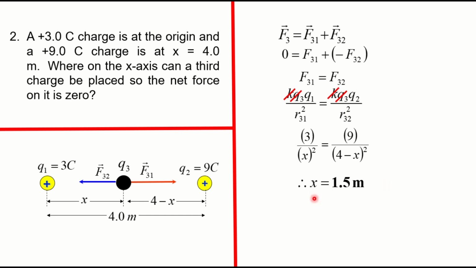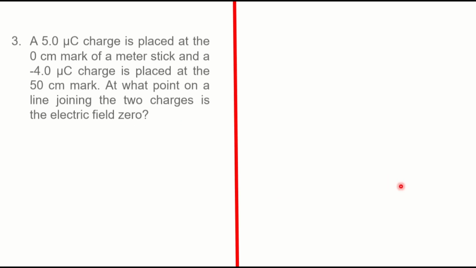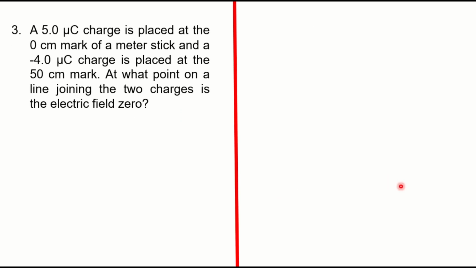Okay, so x should be placed 1.5 meter from charge 1, so that the net force is 0 and F31 can be equal to F32. Okay, so that's for question number 2. So it is 1.5 meter from the origin, which is from Q1. Okay, moving on to question number 3.